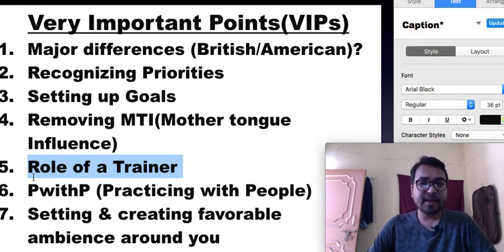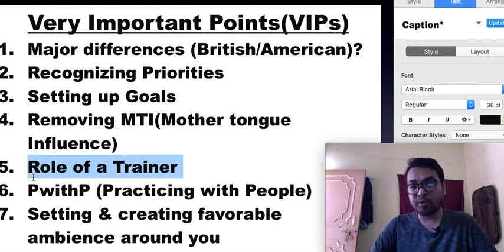See, you can improve your accent on your own also, but it will take a lot of time. The role of a trainer becomes vital here, because a trainer is a person who is familiar with the concept of accent, with the grammar, the pronunciation and also the spellings, and who is familiar with both types of English, whether British English or American English.